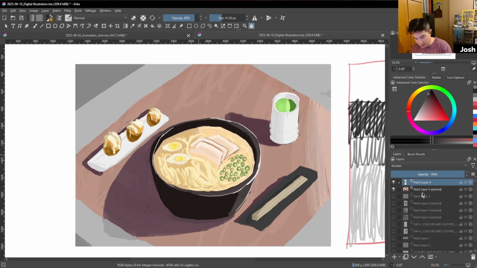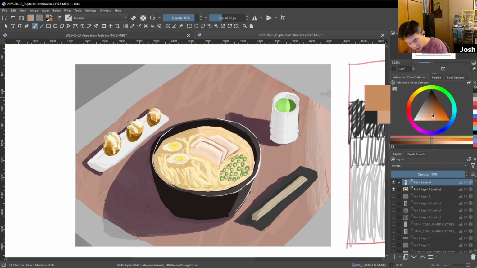So if you just increase the value of the soup, like let's say we brought it down to a more orange, and I don't know if this is the right color or not, but putting it inside certain areas maybe will help pop it, bump it up a little bit, maybe underneath the meat or in the noodles.